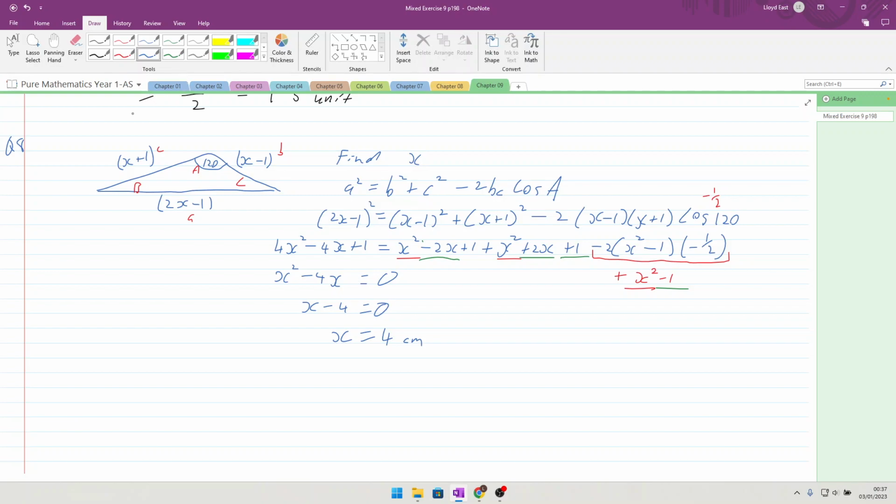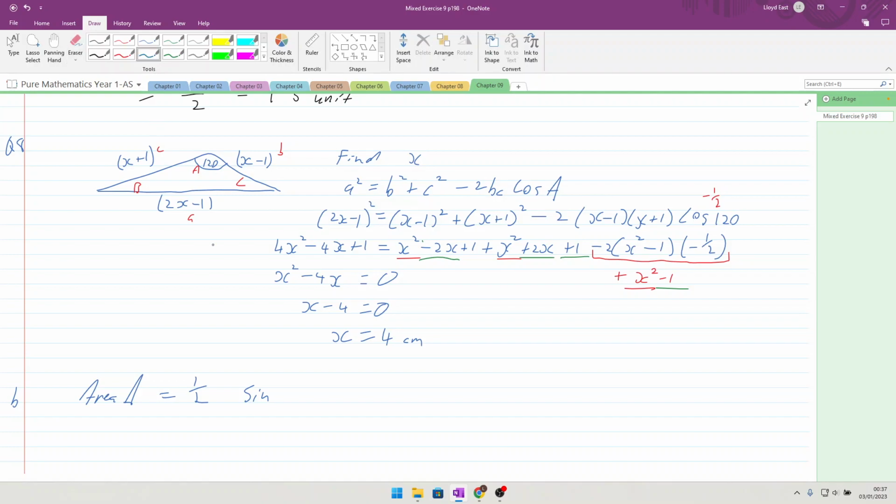Now then, question 8b is find the area of the triangle. So the area of a triangle is a half ab sine C, and I'm going to change that formula around.